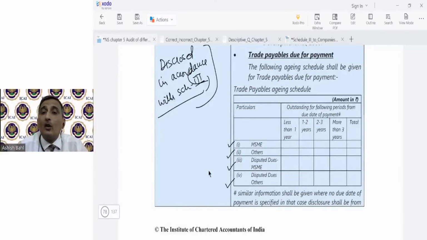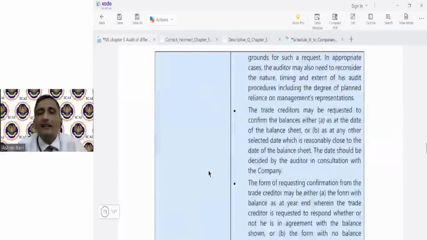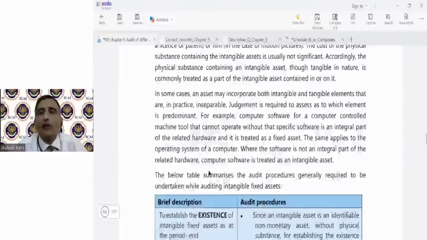And there is also a difference between the period. So when you would be seeing the aging schedule pertaining to trade receivables, there it started with less than 6 months, but here it is less than 1 year. So check it up, guys. So we check what was in trade receivables for clarity.